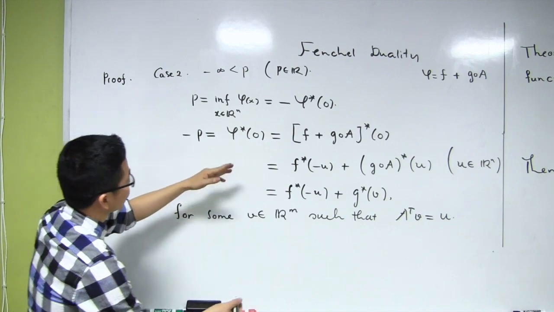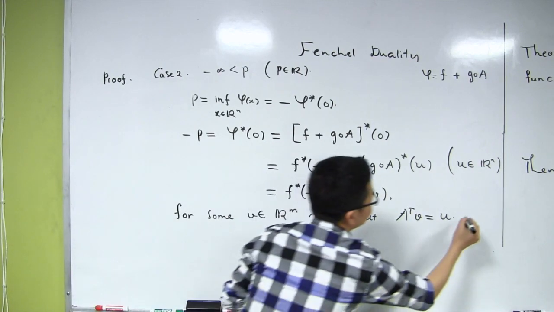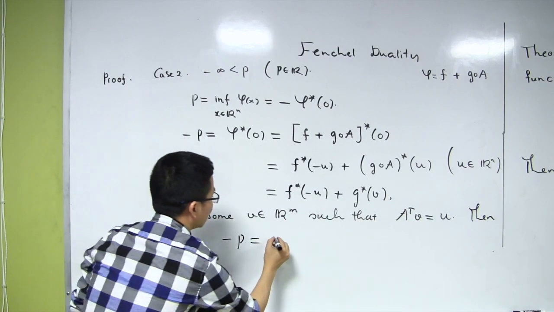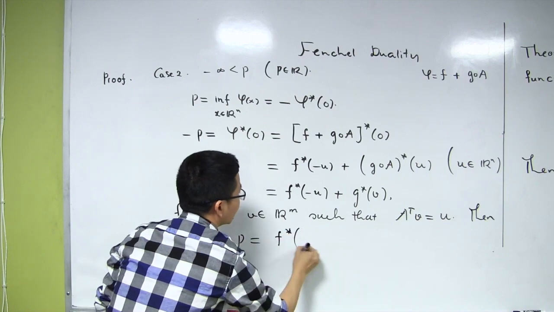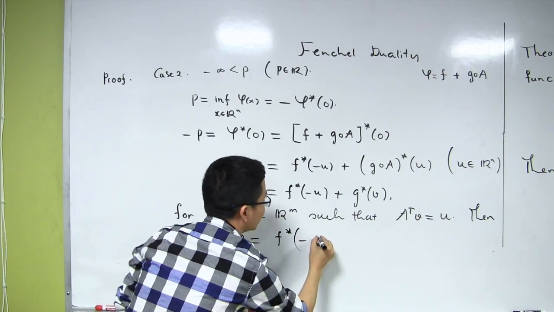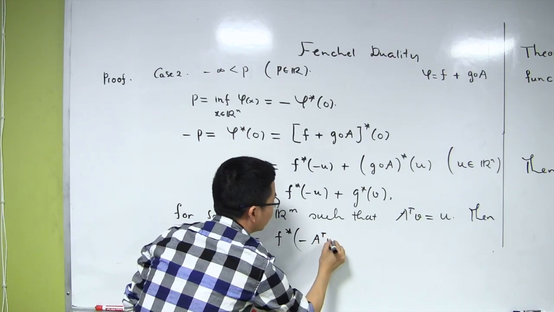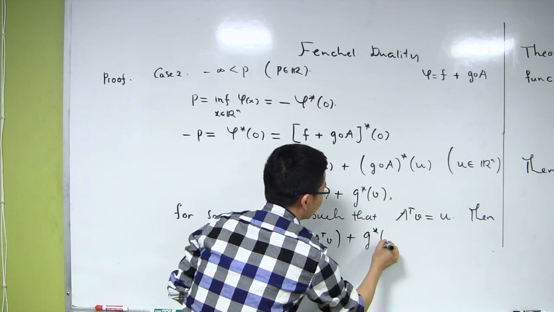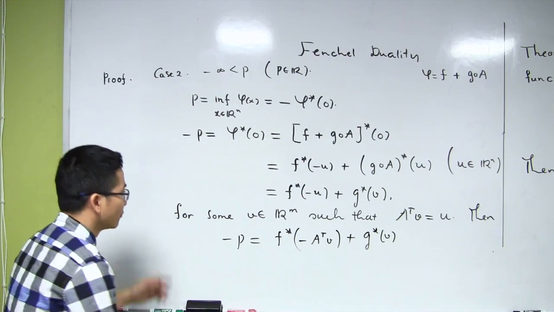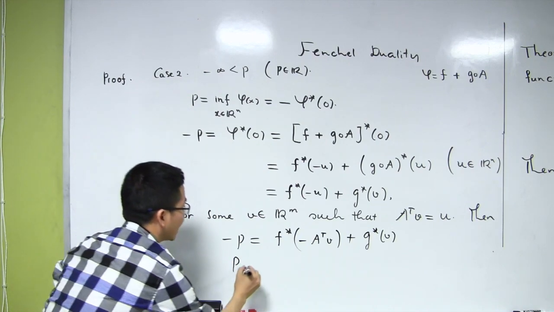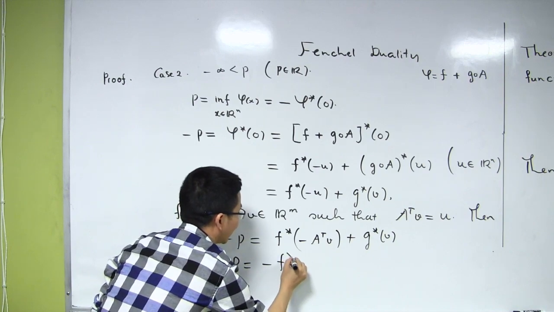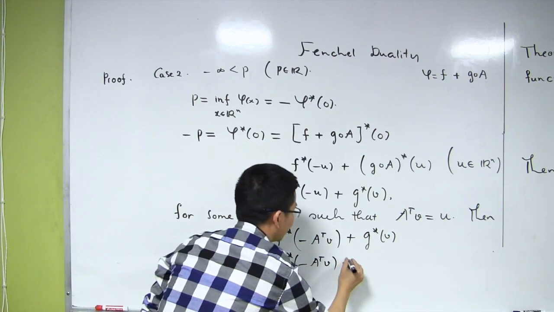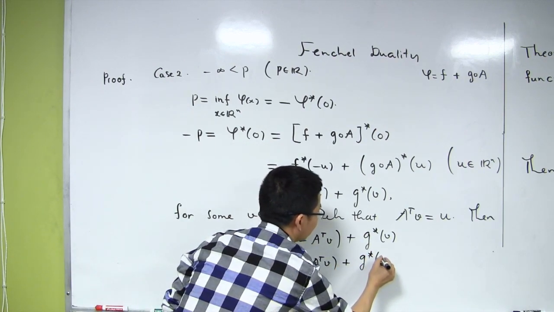So now we're going to substitute in and get this. Then minus P is equal to f star of minus u, and minus u is actually minus A transpose v, plus g star of v. And so from here we can write P as minus f star of minus A transpose times v plus g star of v.